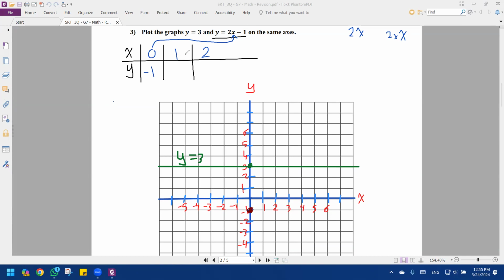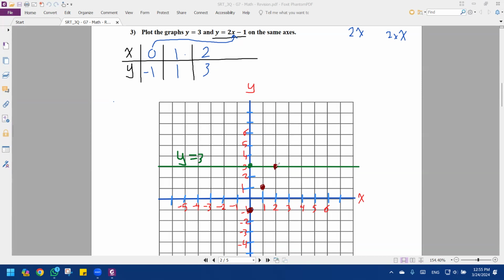Now we continue. When x is 1, we put 1 instead of x, so 2 times 1 is 2, minus 1 is 1. Then we put the second point, x is 1, y is 1, it's here. The last point, x is 2. 2 times 2, 4, minus 1, 3. So x is 2, y is 3.